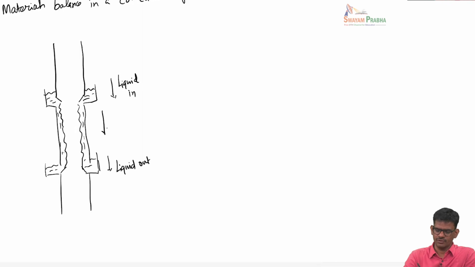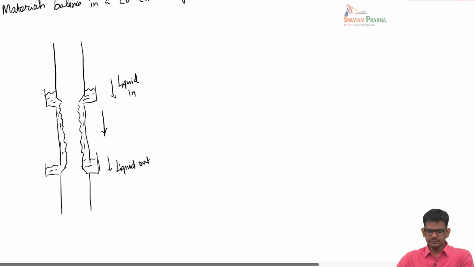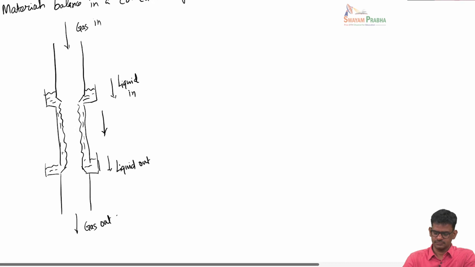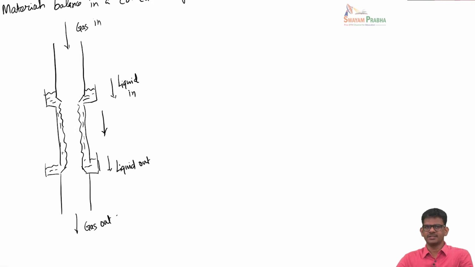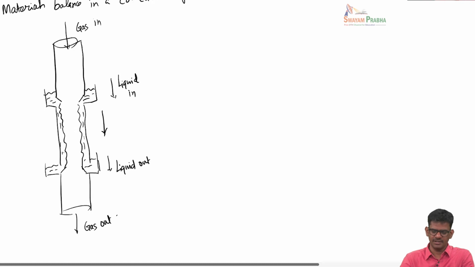So liquid flows this way. Let's say I pump the gas also from here. So gas in and gas out. So this is what I call a co-current flow. Both gas and liquid in this case enter in the same place and then leave on the other side of the equipment. Both are entering from the top and leaving at the bottom.